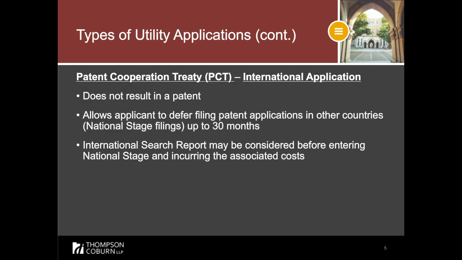So in the typical format of a utility patent, you have the specification, which is the written description of the invention. You have drawings that go along to illustrate your invention, and then you have the claims. I mentioned the claims before, and that is the most important part.